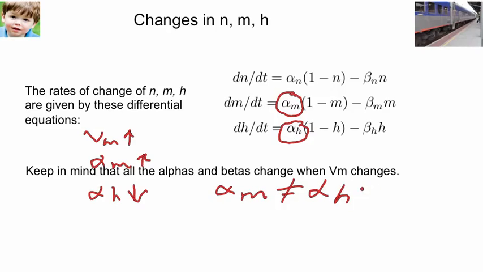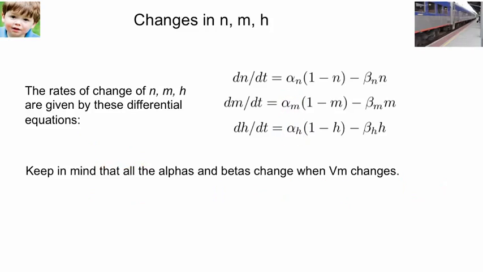For that matter, it's not equal to alpha n. They have similar form, but entirely different values. So as a result, you've really got to know what they are before you can make any use at all out of these equations. There is one more general result that can be determined, however, from looking at these equations.